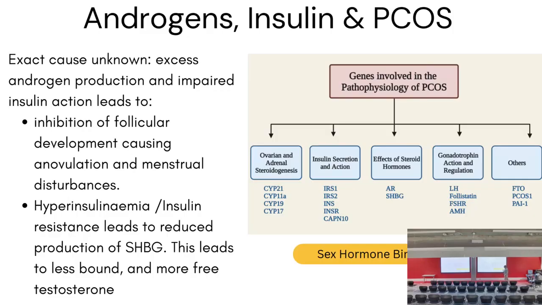So as things stand, here are all genes associated with PCOS, which contribute towards ovarian and adrenal steroidogenesis, so maybe the production of estrogen and testosterone, contributing towards insulin's actions, gonadotropin regulation, so that's follicle-stimulating hormone, luteinizing hormone again, which are being secreted from the pituitary gland as well.